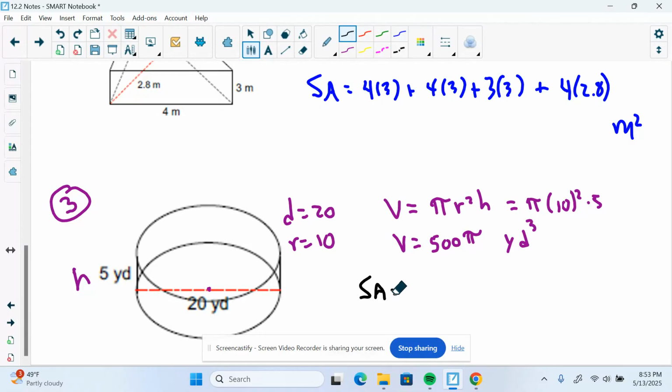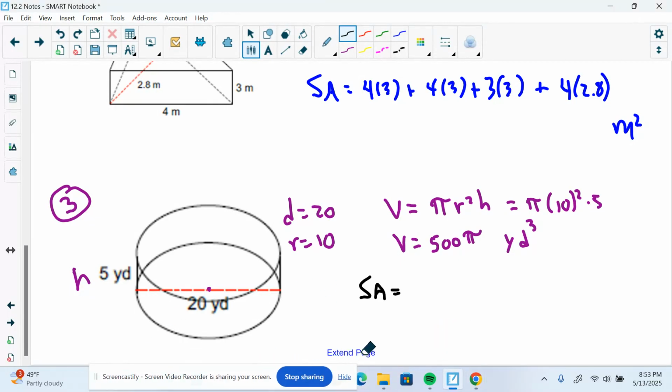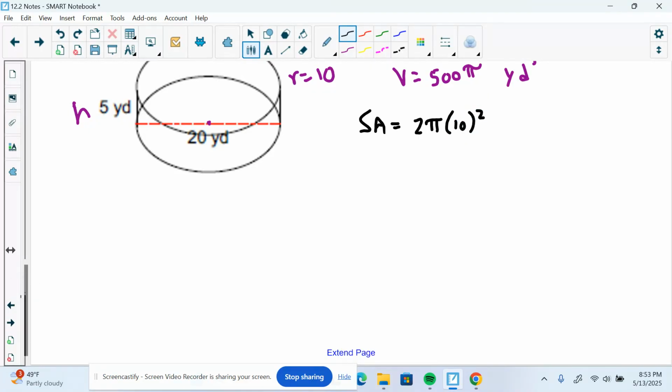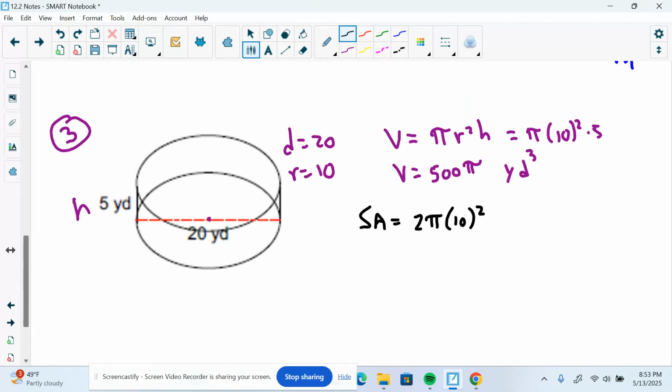So surface area, formula for surface area is 2 pi r squared. So we're going to do 2 pi r squared. Ooh, r is 10. We have 2 pi r squared. And then we're going to add 2 pi r h, where r is 10 and h is 5.